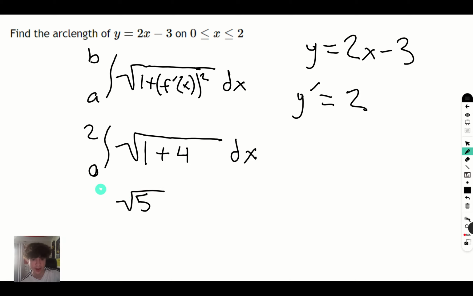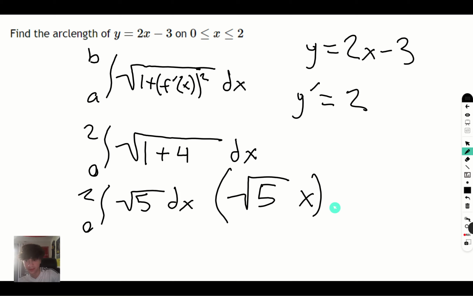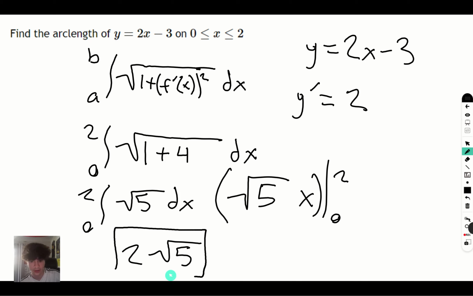The square root of 5 dx from 0 to 2 gets you square root of 5x evaluated from 0 to 2. And your final answer will just be 2 root 5. There you go. That's how you would solve the first one.